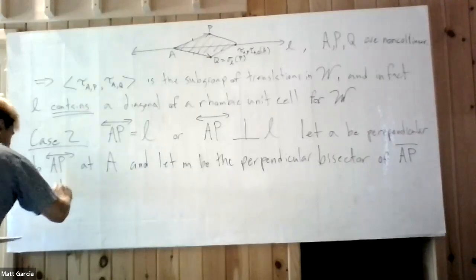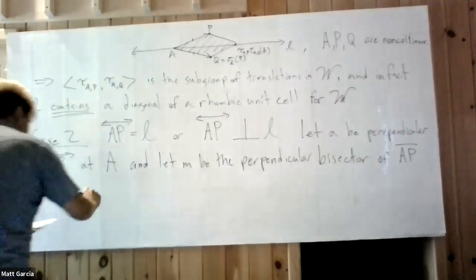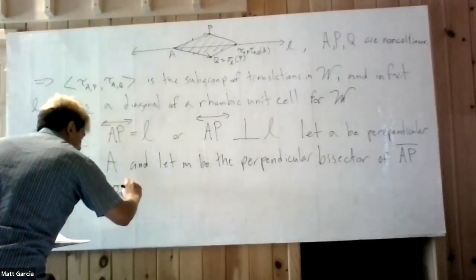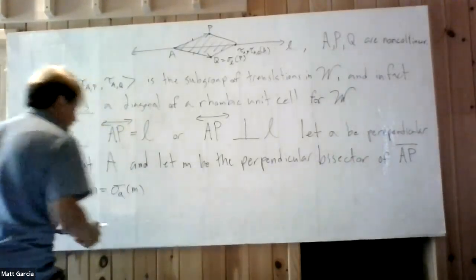Let's also let N be the image of M under reflection in A.